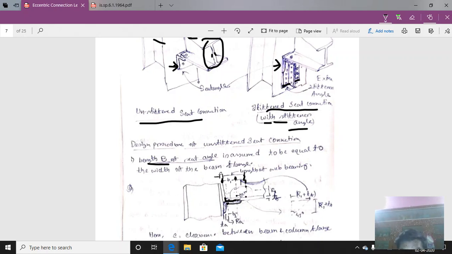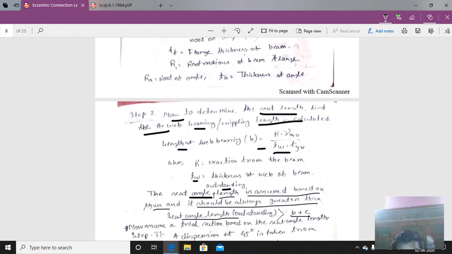So this is our connecting beam. The web length is calculated and the bearing length, so this is the required length.